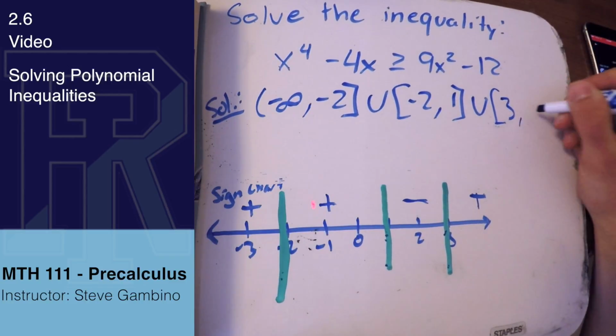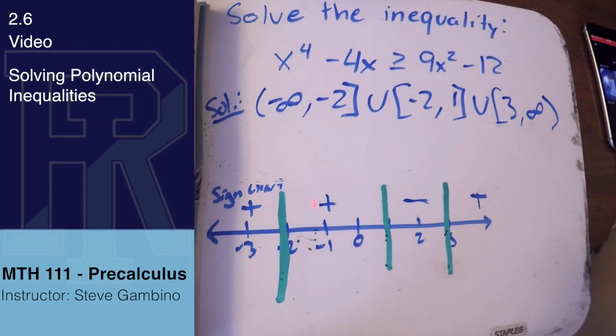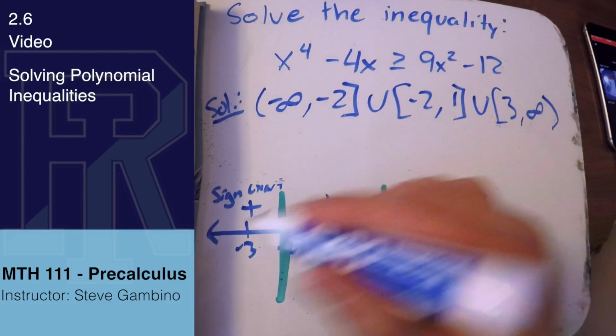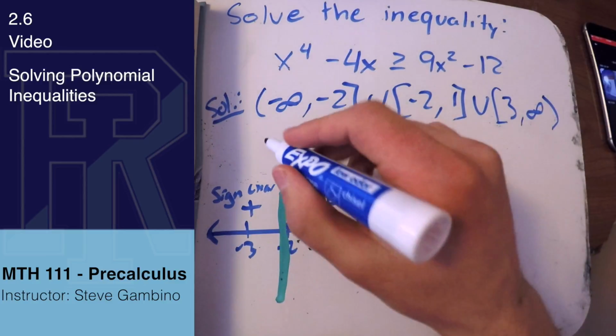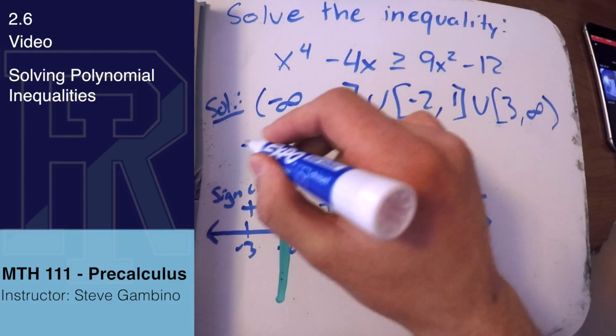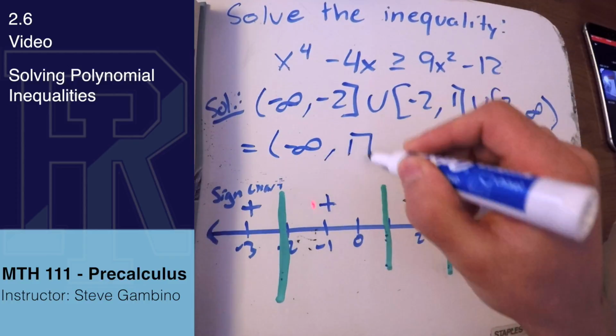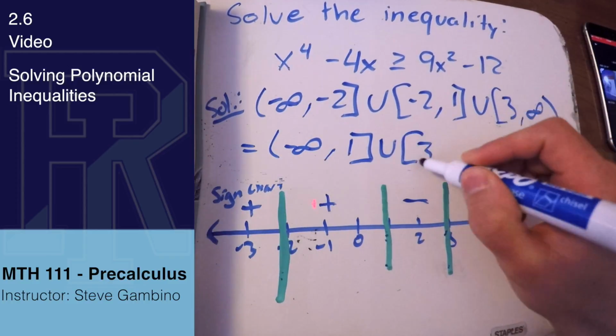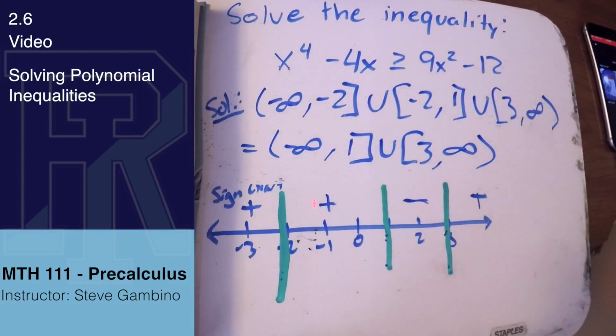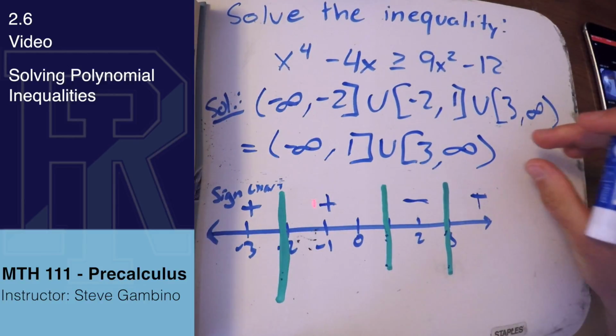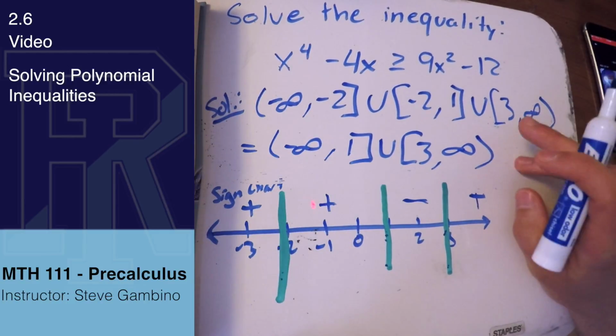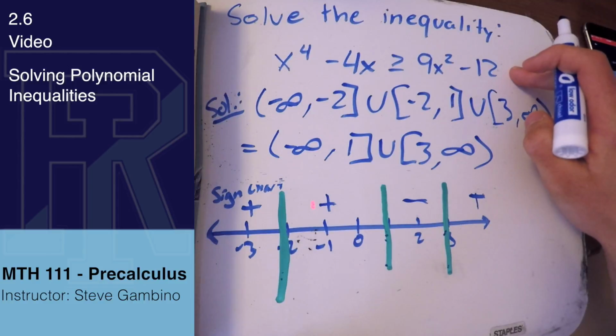So 3 to positive infinity, and that will be our solution. And of course, we can reduce this, since these are both positive here, to just say, okay, this is negative infinity to positive 1, unioned with 3 to positive infinity. But this is going to be any of the x values that make this inequality true.